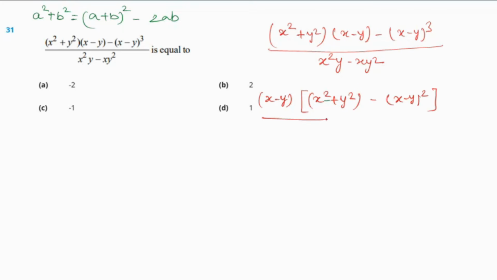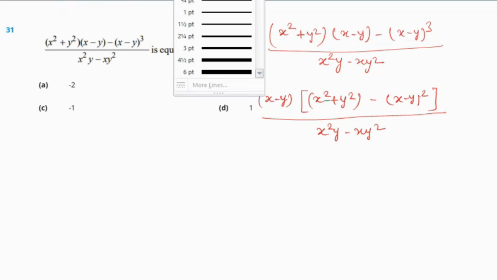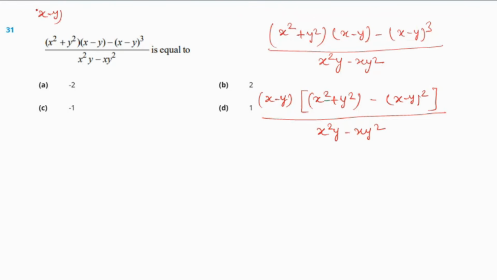From the denominator also, it is x square y minus x y square, we can just remain it like this. And we know that (x minus y) whole square is equal to x square plus y square minus 2xy.